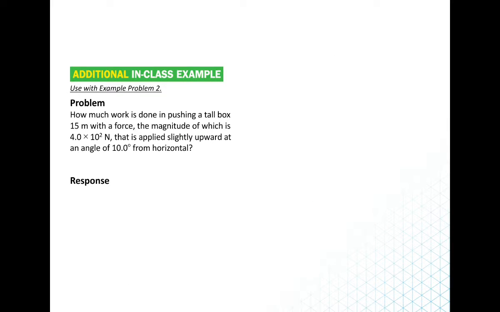Now we have another problem. How much work is done in pushing a tall box 15 meter with a force the magnitude of which is 4 times 10 to the power 2 Newton, that is applied slightly upward at an angle of 10 degree from horizontal?